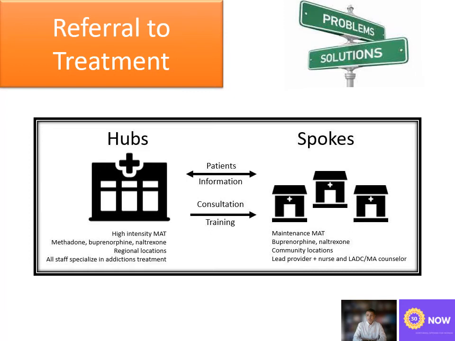First, I would encourage you, if you're a physician, to go ahead and get that X waiver. Currently in the state of Tennessee, you don't have to do any additional training. You just simply have to register for the X DEA waiver, and you can treat up to 30 patients a year using medications for opioid use disorder or specific medications for addiction. So I would encourage you to do that.